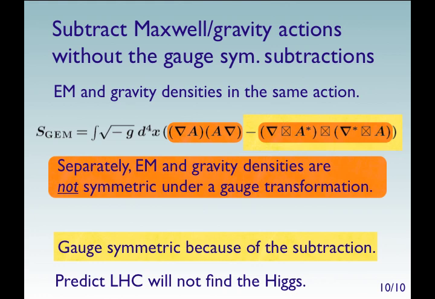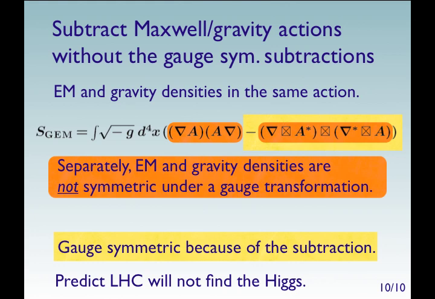So we actually do predict that the LHC will not find the Higgs. Now, since they have an $8 billion bet, we will bet that they keep on looking for a very long time, and if this proposal is correct, they will never find it.